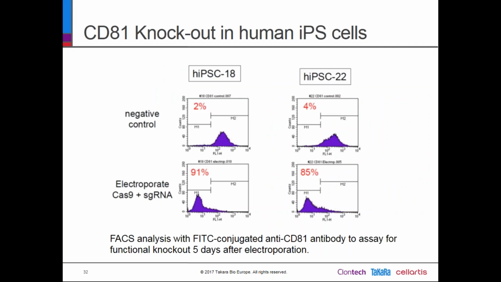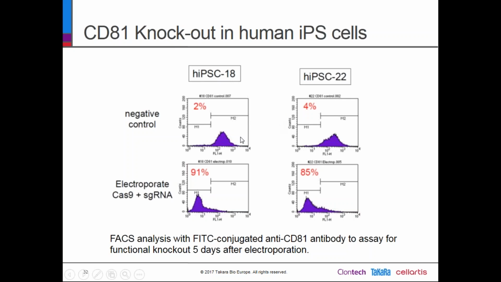We also knocked out again the CD81 target, and here we did not use a genome-based method to measure the knockout, but functional knockout. And again, we used the iPS cell line 18 and also the cell line 22.